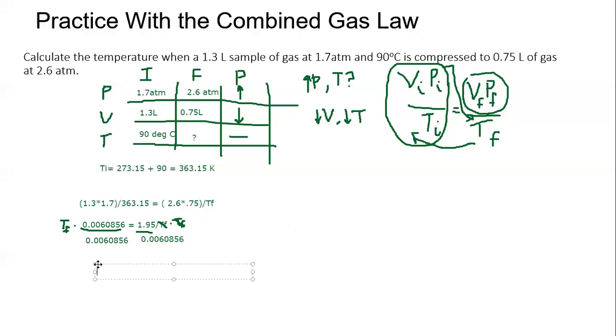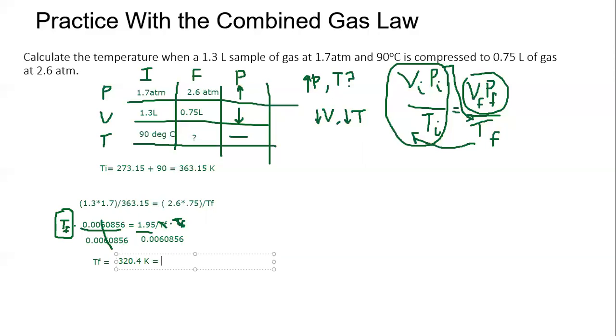And this should tell us T final in Kelvin. Again, the reason we divided both sides by 0.0060856 is so they cancel out on the left side, and we're just left with T final. And we get 320.4 Kelvin.